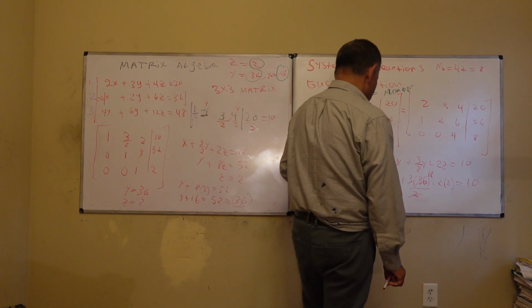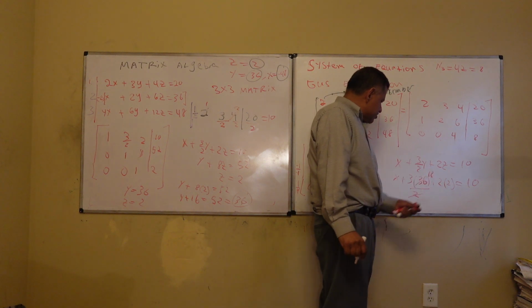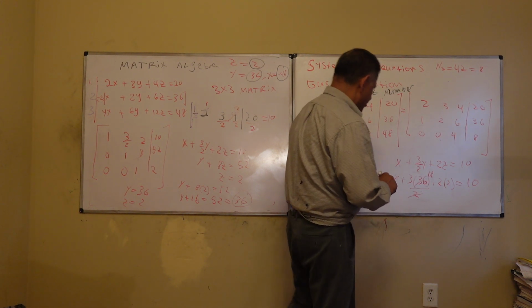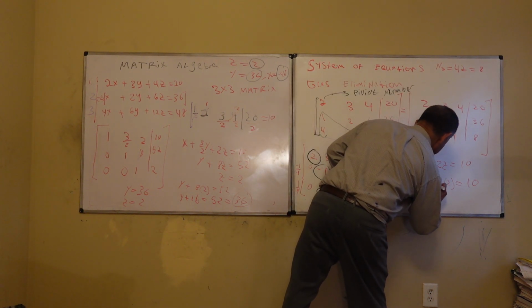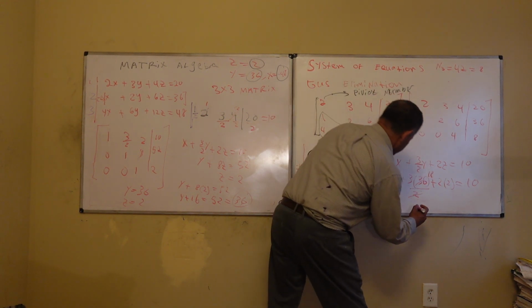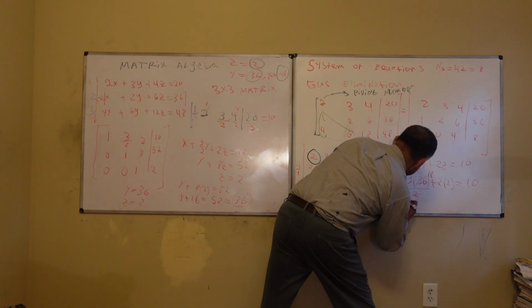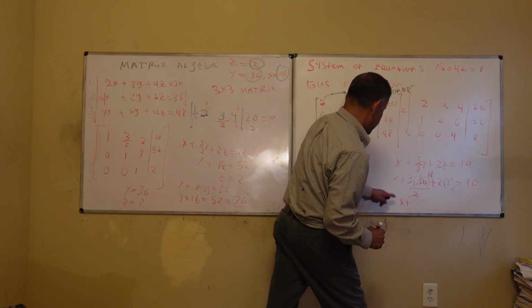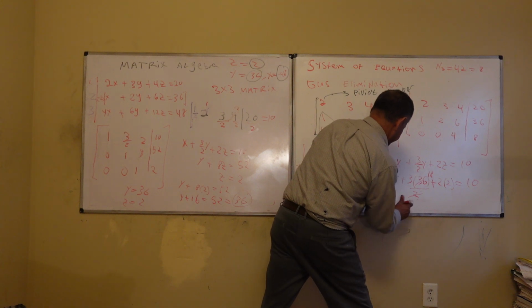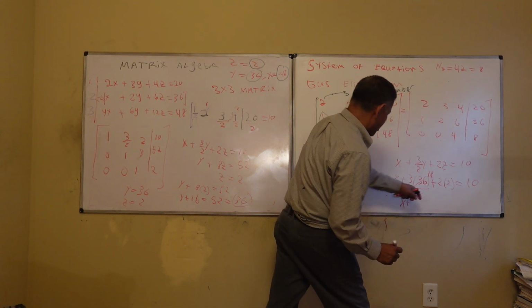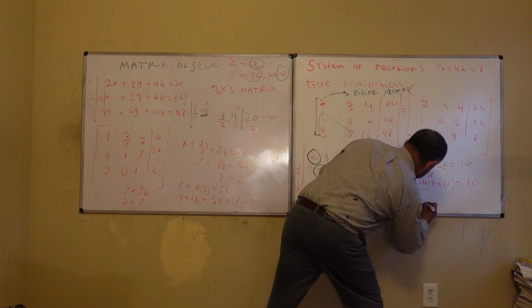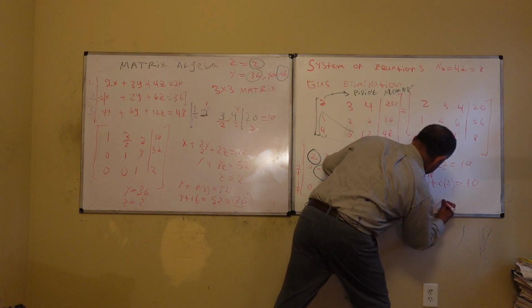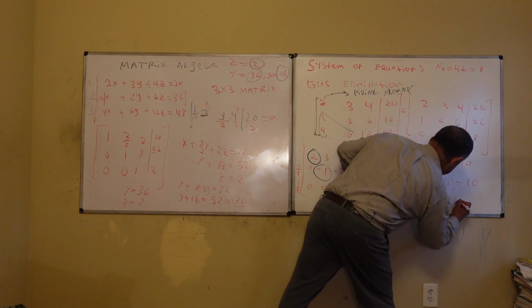Now 18 times 3 is equal to 54, right? So then I got what? I got x plus 54 plus 4 is equal to 10.